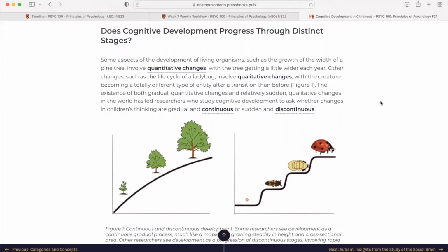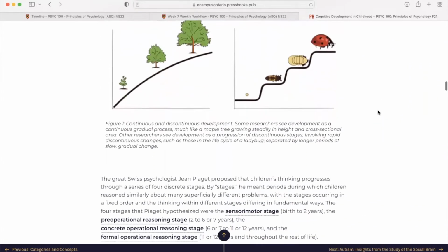The existence of both gradual quantitative changes and relatively sudden qualitative changes in the world has led researchers who study cognitive development to ask whether changes in children's thinking are gradual and continuous or sudden and discontinuous. So are they like a tree or like a ladybug, I'm guessing.